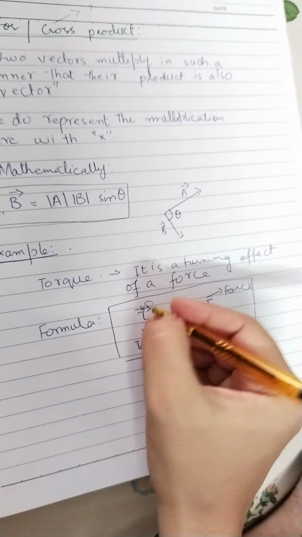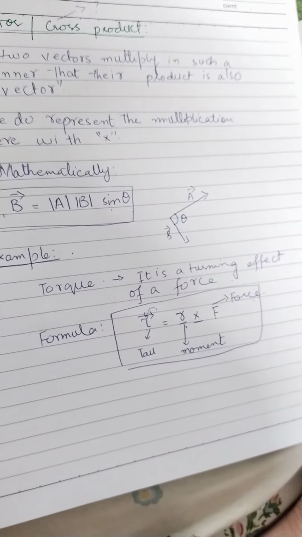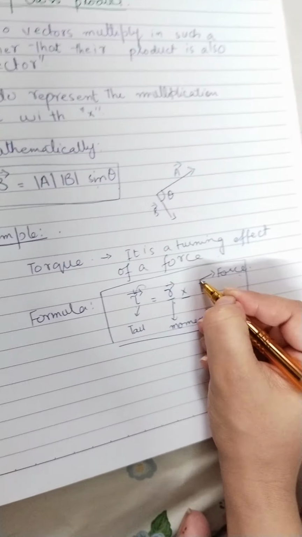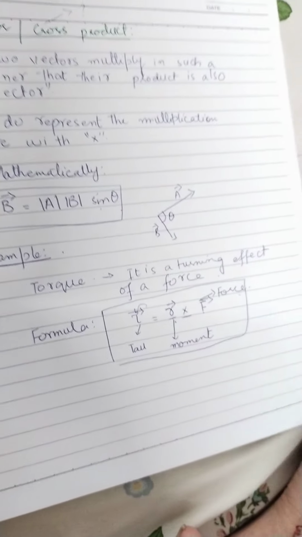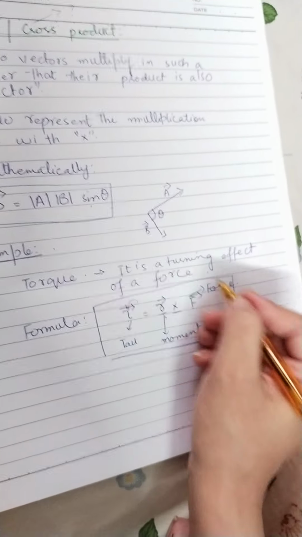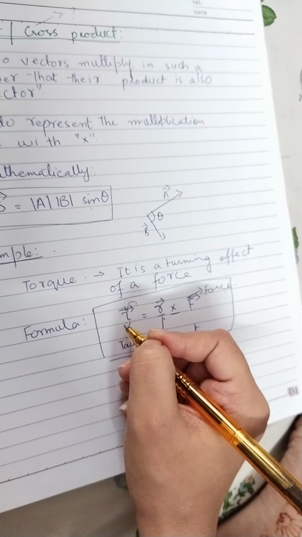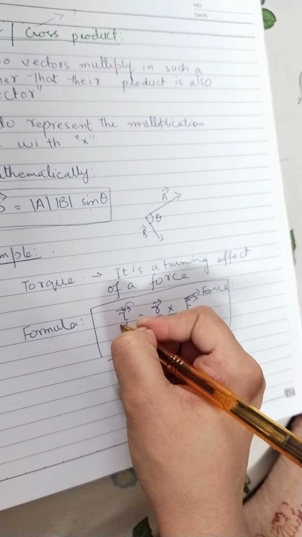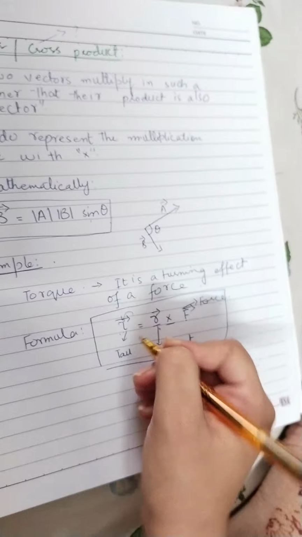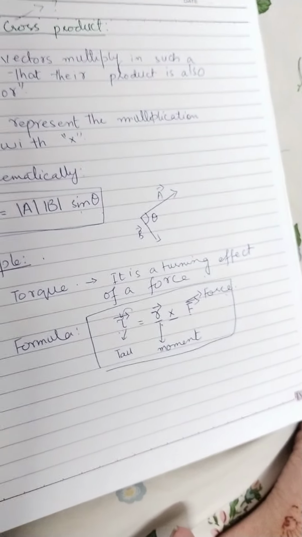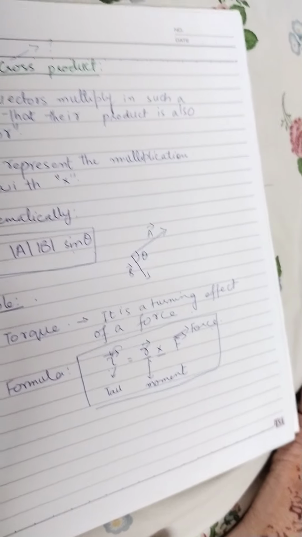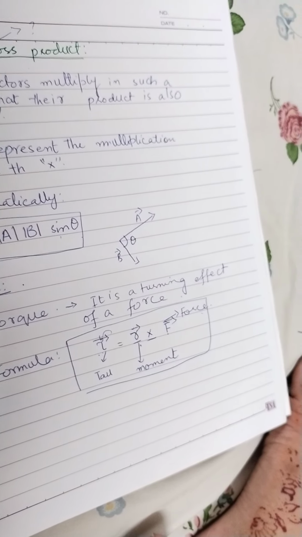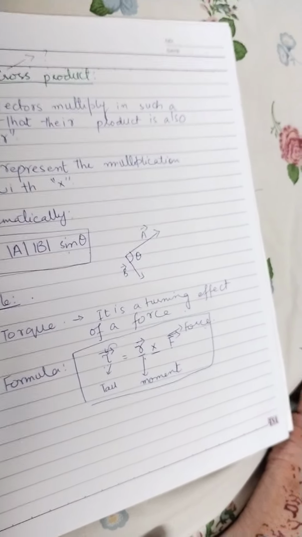Whenever two vectors get multiplied, like your position and your force, in such a way that the third one is also a vector quantity, it is said to be a vector or cross product. I hope you understand this one.